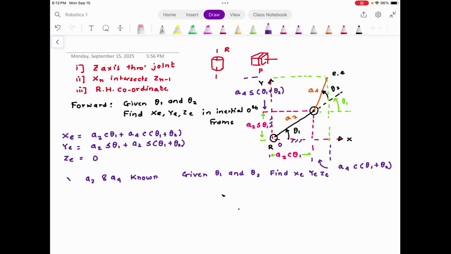This is the forward kinematics problem. Please understand, the forward kinematics problem will have a solution: I can substitute any value of theta 1 and any value of theta 2, and I would get XE, YE, and ZE. Everyone understood this? Now, what is the inverse kinematics problem? The inverse kinematics problem is also called the IK problem.